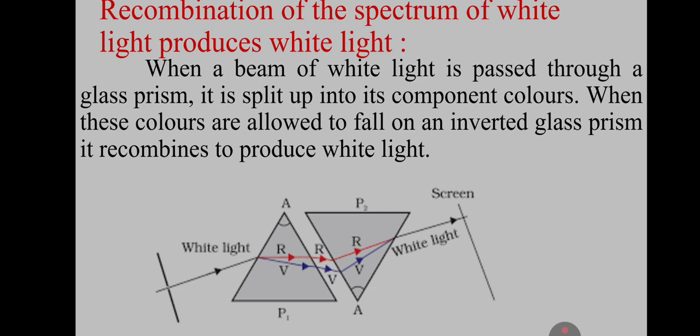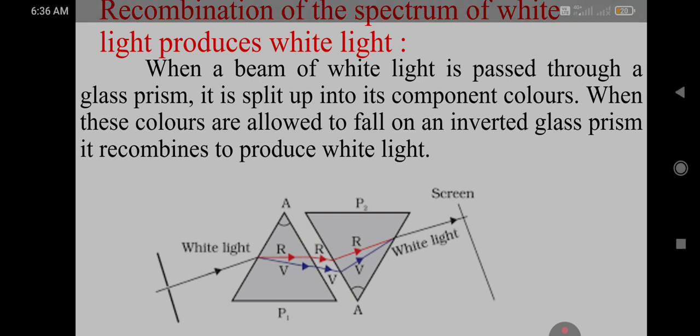When a beam of white light is passed through a glass prism, as we know, it is split up into its 7 component colors, that is VIBGYOR, and these 7 colors are allowed to fall on an inverted glass prism. Then it recombines all the 7 colors and again produces the white light.